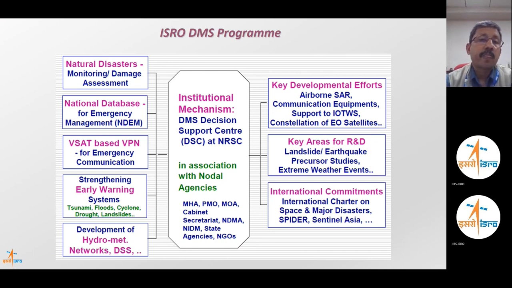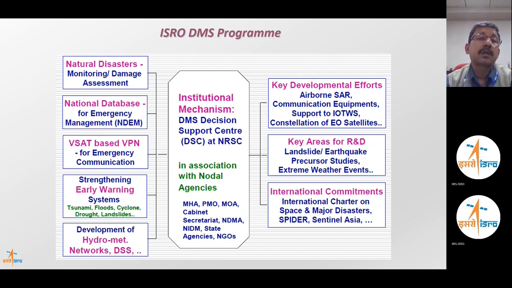And we have almost 5 areas where the space technology is providing very critical inputs, like monitoring and damage assessment of the natural disasters, that is after the disaster.